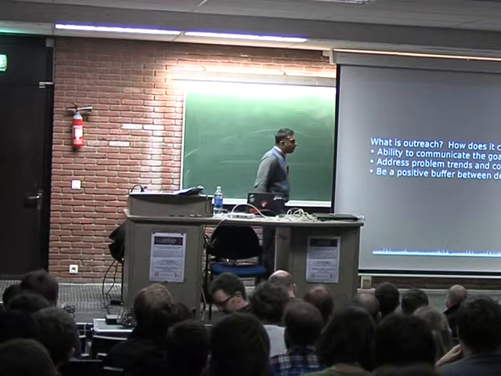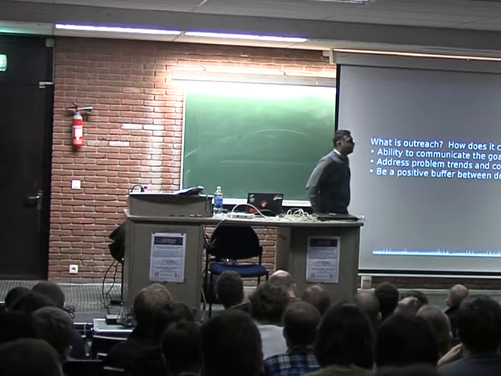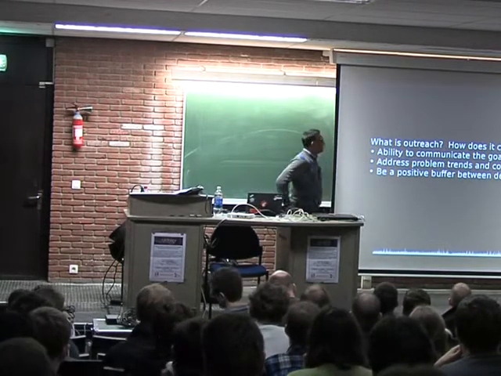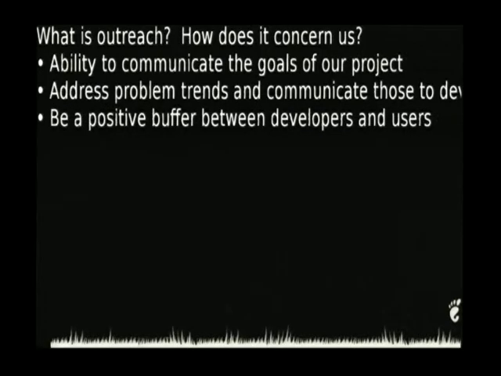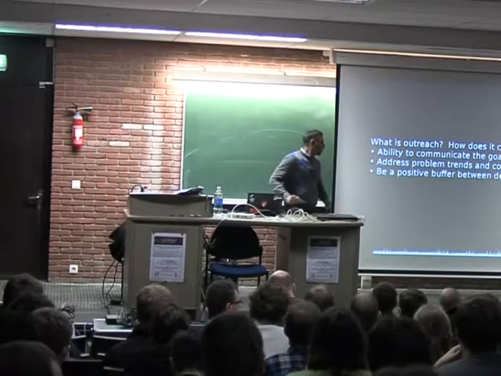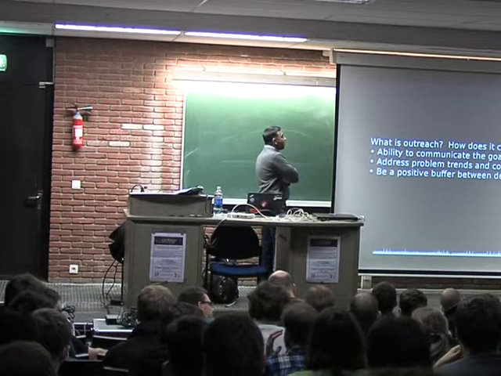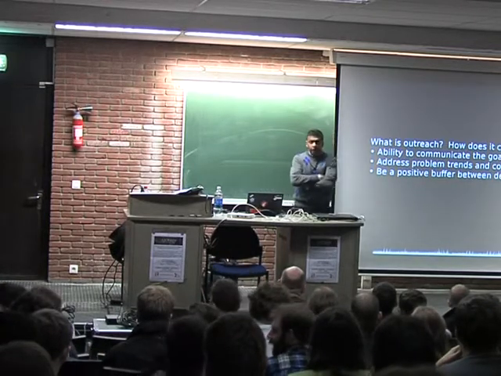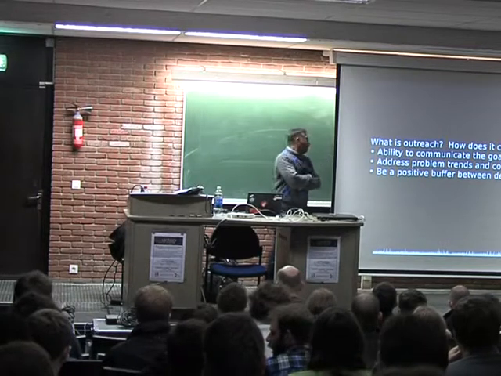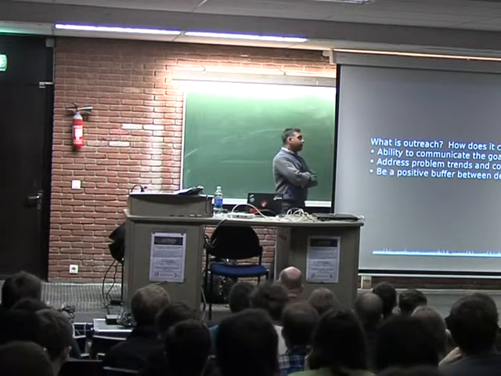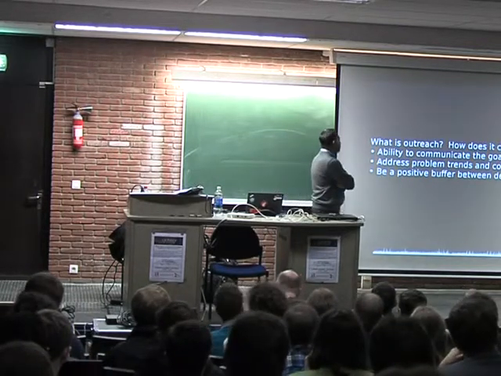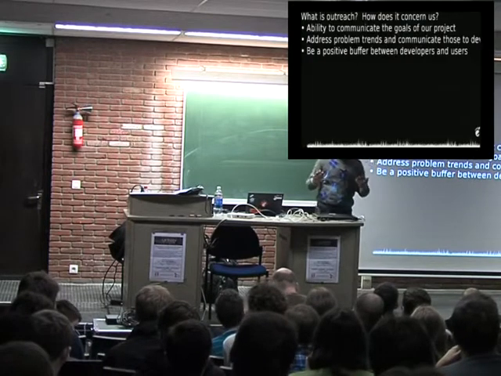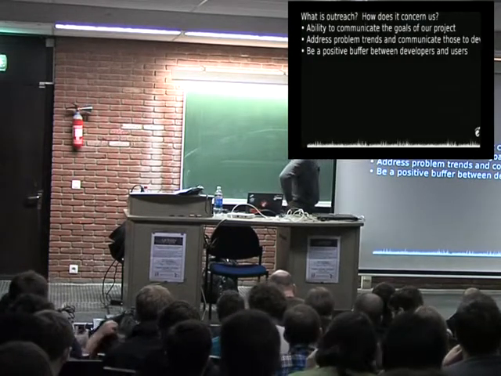So the first thing is really to define what is outreach and how does it concern us. So I like to define that first just so that we're all on the same page. So for me, outreach is really about the ability to communicate the goals of our project, address problem trends, and communicate them to developers and so forth.